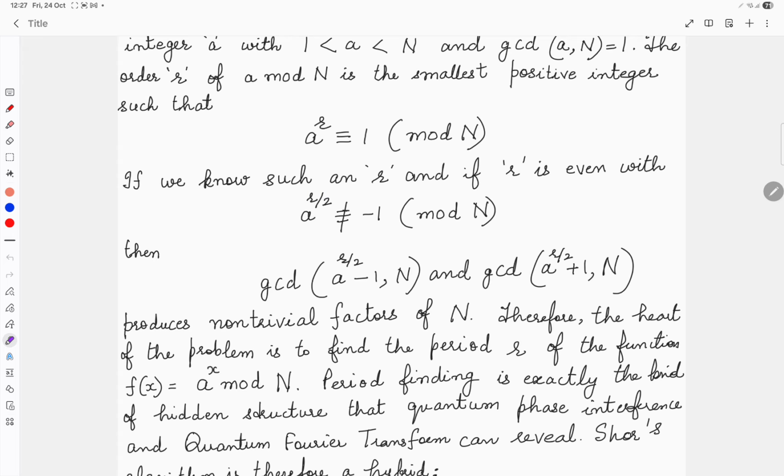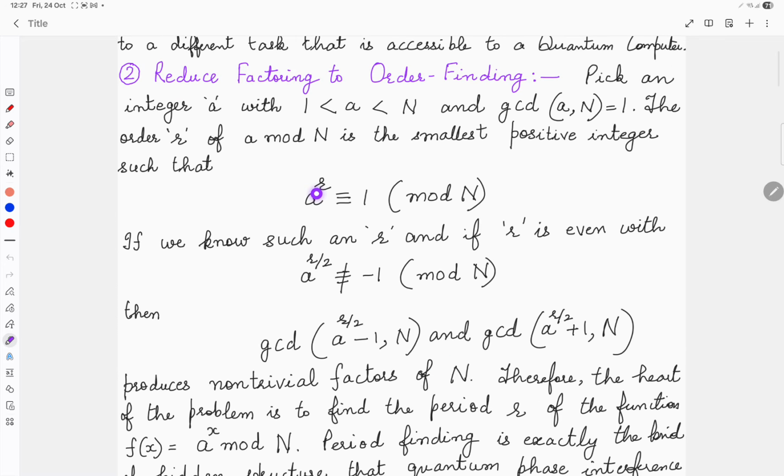So let us say I know r. How would I know r? I will use the period finding algorithm or the order finding algorithm, which I just said is described in another video.